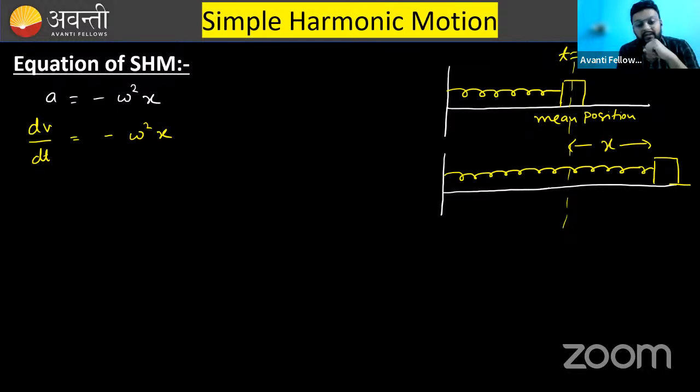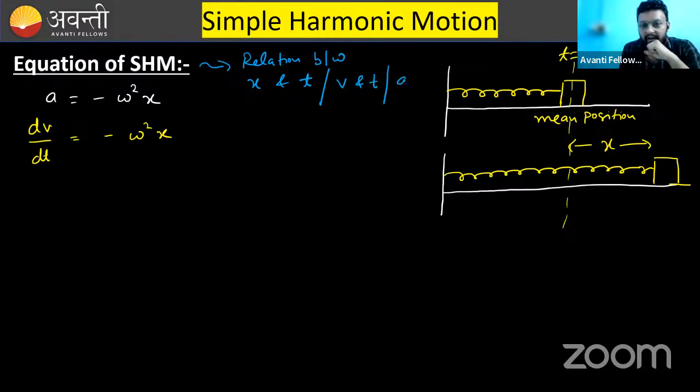There is one thing that might come to your mind, sir, what is the meaning of equation of SHM? What are we going to do? The equation of SHM is the relation between position and time, or velocity and time, or acceleration and time.